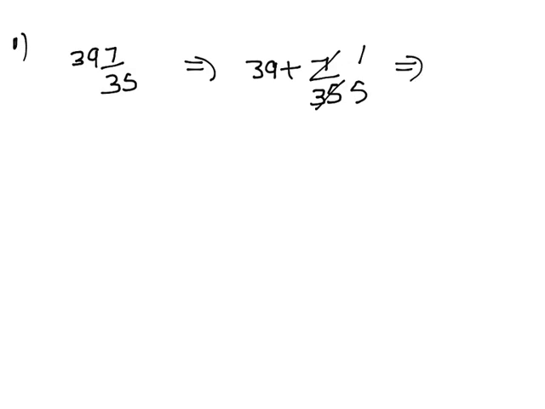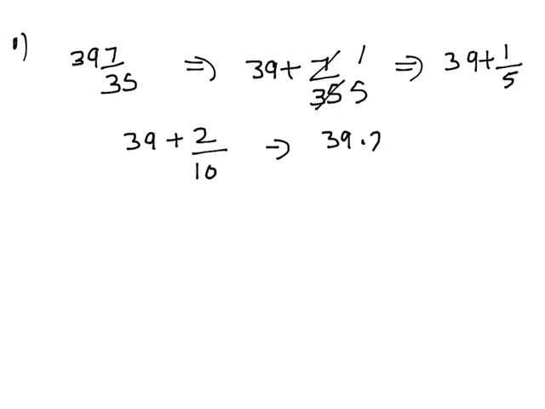So we can write it as 39 plus 1 by 5. Now we can easily convert the denominator to 10. So we will multiply numerator and denominator by 2. We will get 2 by 10. So here we can write it as 39.2.